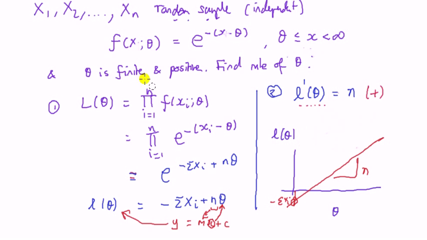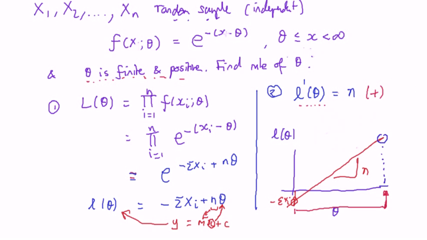You can see from this picture that the solution is right here, on the maximum value that theta can take. We're told that theta is finite and positive, so it can't be negative, so it starts from 0 and goes all the way up to whatever this value is, and that will be my solution for theta.